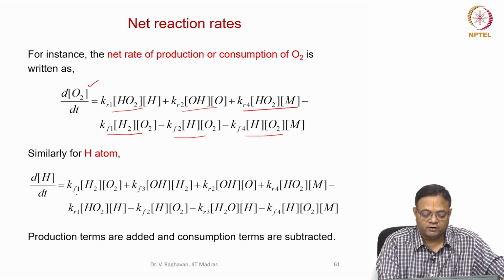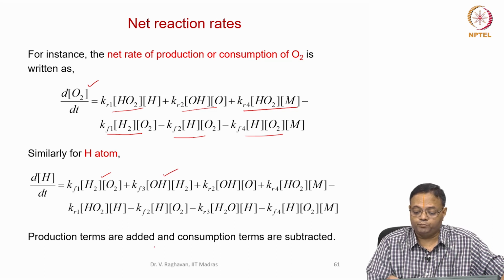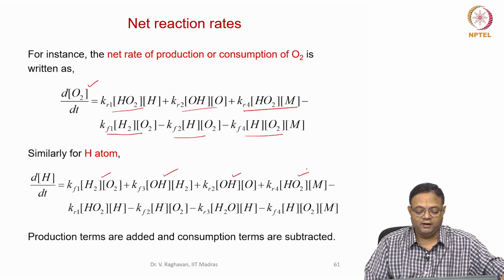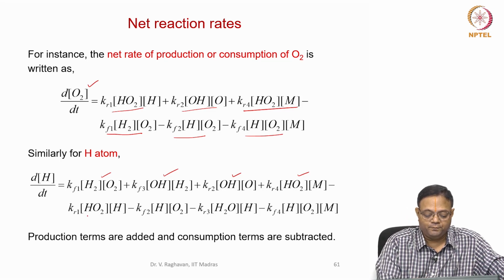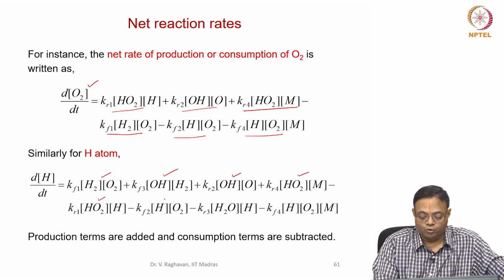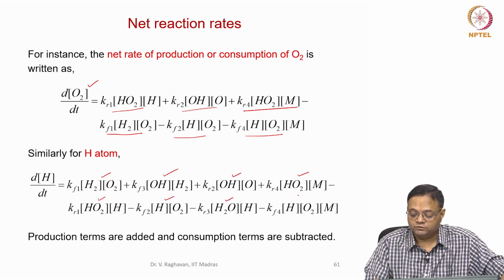For example, you see that H is produced in the forward reaction of 1 and in the forward reaction of 3, but it is produced in the reverse reactions of 2 and 4. Similarly, it is consumed in the reverse reaction of 1 and 2, and the reverse reaction of 3 and the forward reaction of 4.